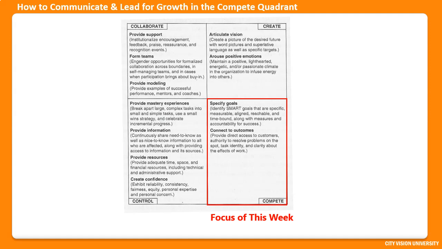And ultimately, you have to connect to outcomes, and talk to customers. Often for people in this quadrant, the customer is the donors. So you talk with them, trying to figure out how you can serve them effectively, and how you connect them with the outcomes of the organization and help them understand that.